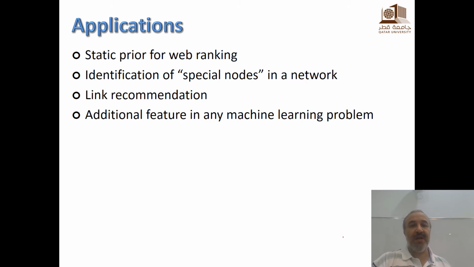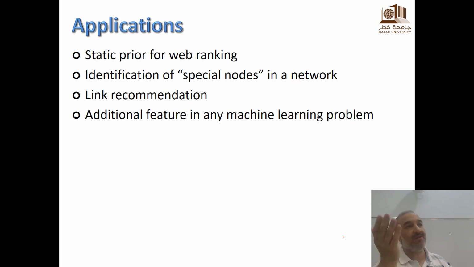Applications for PageRank. As I said, it's used in web search as a fixed value that is added to the score of each page given a query. And it was a very valuable feature in web search. But it's not only about web search.